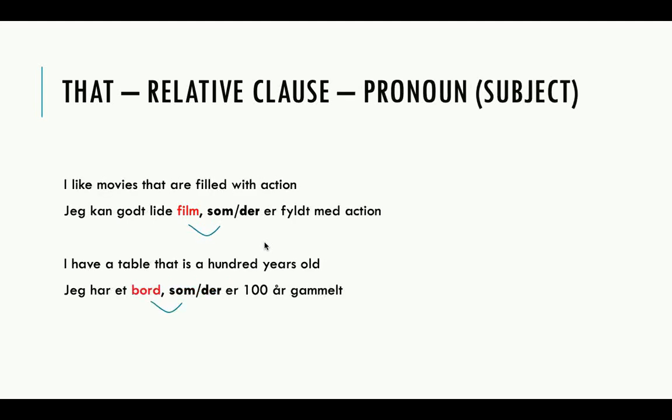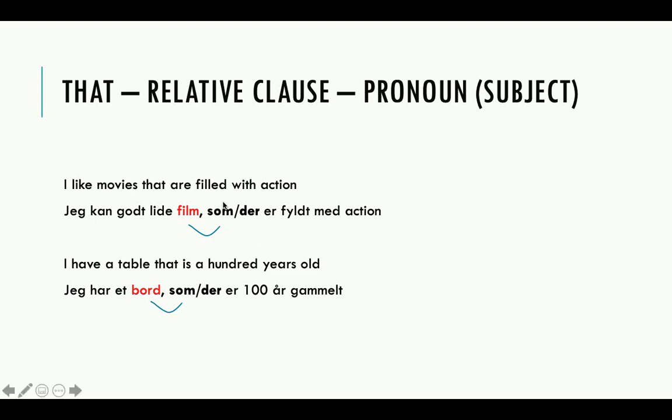And the last example is the same thing is happening. We have a relative clause, but in this case it is not the object, it is the subject. I like movies that are filled with action. Jeg kan godt lide film, som eller der er fyldt med action. I have a table that is 100 years old. Jeg har et bord, som der er 100 år gammelt.